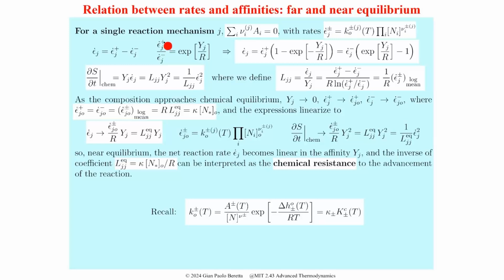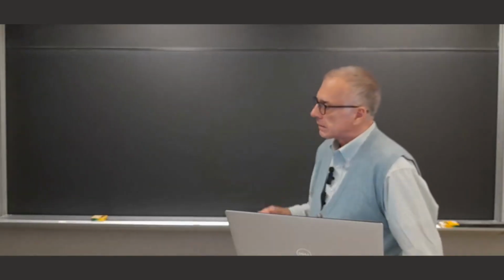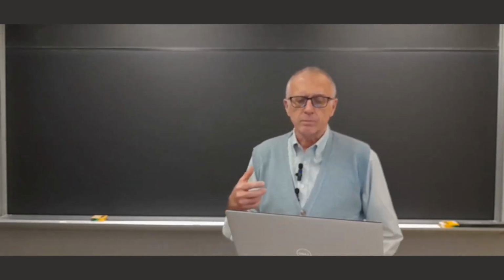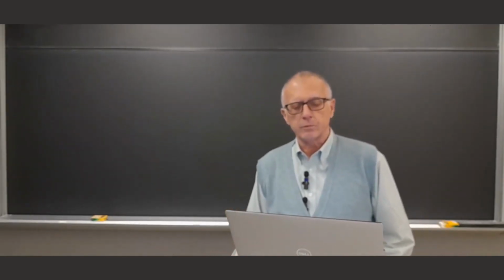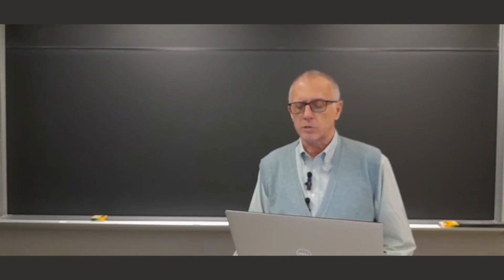We define this ratio, and the logarithm of this ratio we call the degree of disequilibrium. And we have seen examples in which this degree of disequilibrium builds up as the chemical dynamics isn't fast enough to catch up and maintain equilibrium. For example, in the nozzle expansions that we have seen.